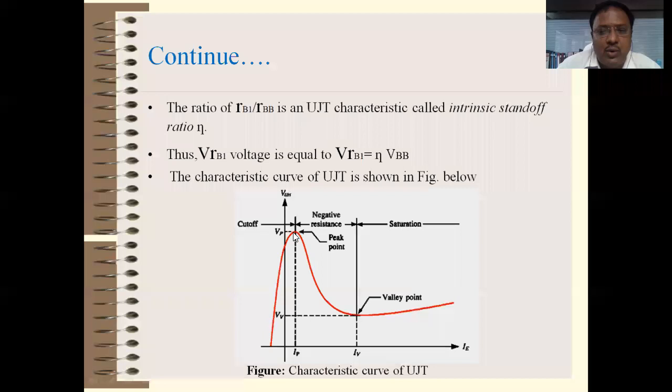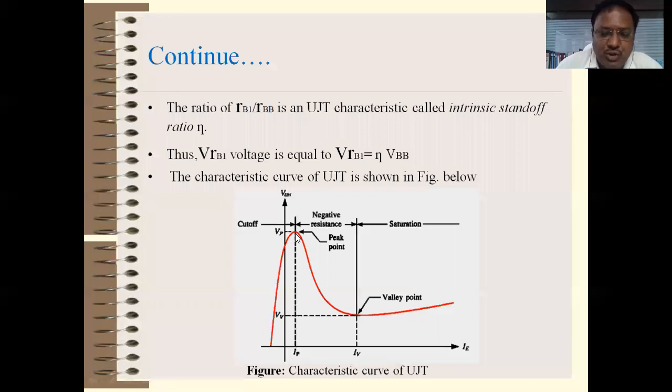So once the diode turns on, see, dear students, the PN junction diode definitely has a voltage rating of 1 or 2 volts, but because of RB1, the current increases up to the IP, and it may require a large voltage, and that voltage is called VP.